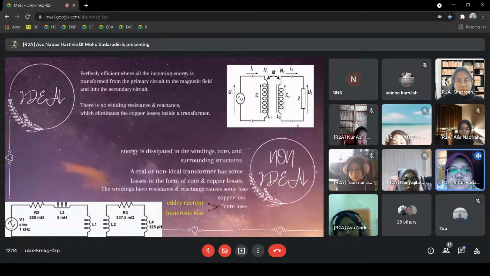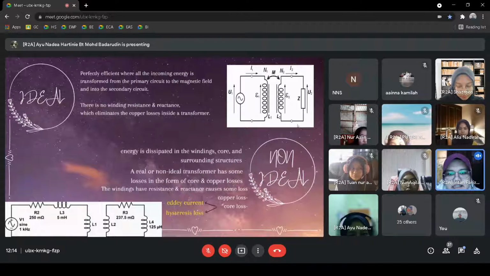As we learned in fundamentals of electric circuits, an ideal transformer is perfectly efficient, where all the incoming energy is transferred from the primary circuit to the magnetic field and into the secondary circuit. So the incoming power must equal the outgoing power.